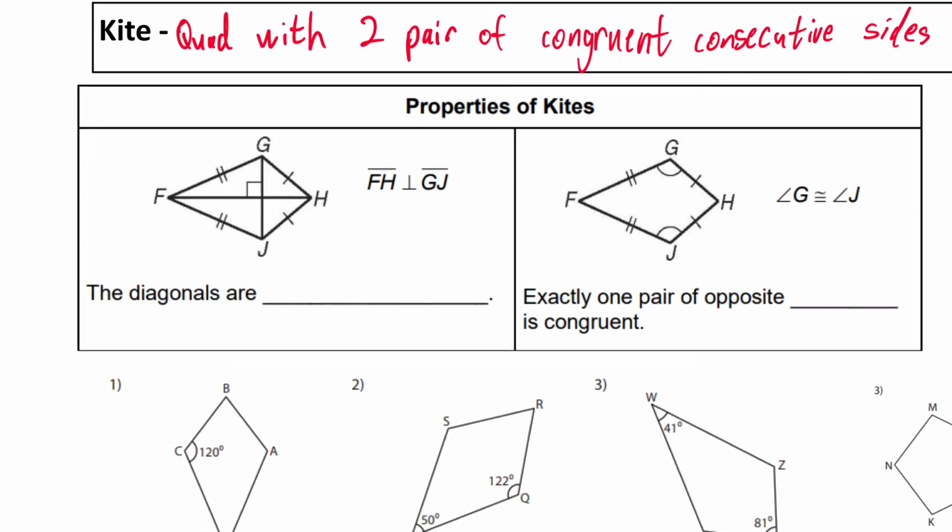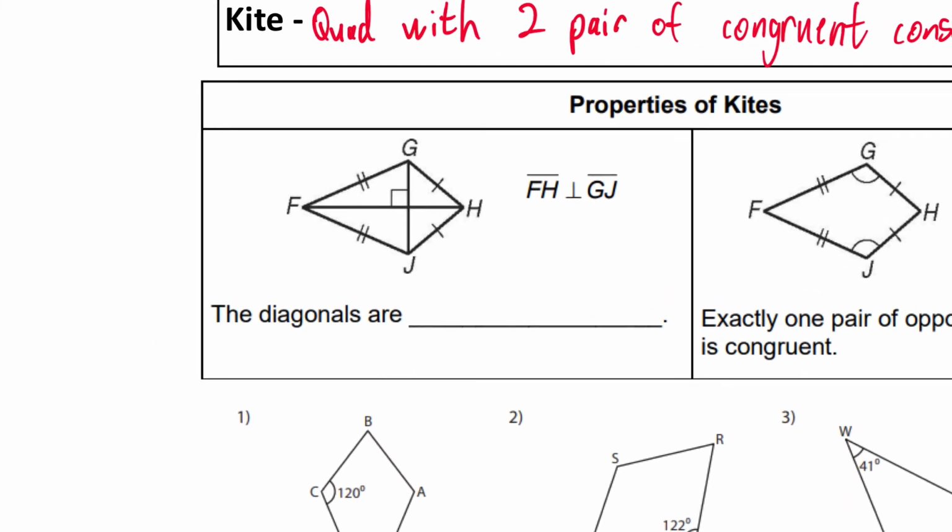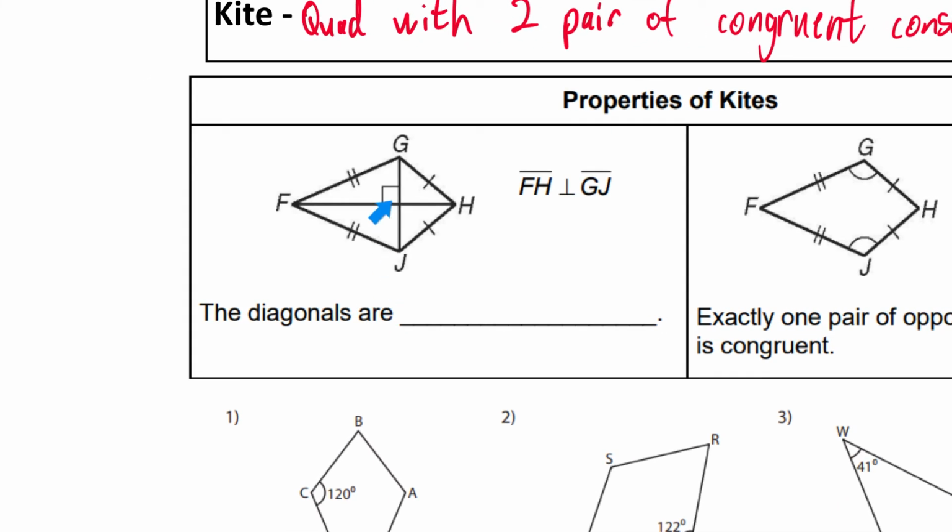Now, in a kite, there's 2 main properties. The first one is that the diagonals are, with that little symbol right there, 90 degrees. What's the fancy math word for that? If 2 lines are 90 degrees to each other, what do we say about them? Complementary means they add up to 90, but that's not what I'm looking for.